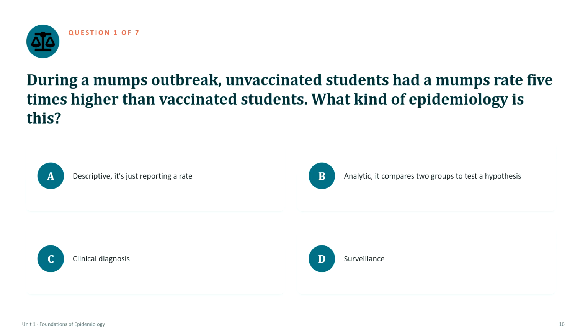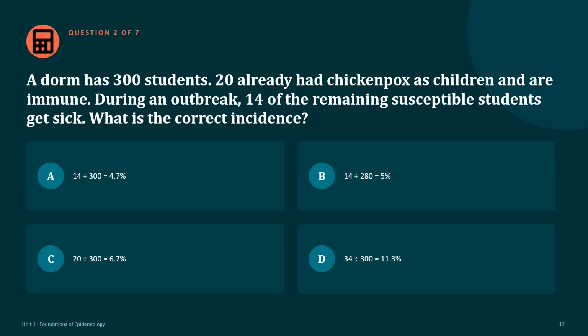Question 2. A dorm has 300 students. 20 already had chickenpox as children and are immune. During an outbreak, 14 of the remaining susceptible students got sick. What is the correct incidence? The correct answer is B, 5%. Incidence uses population at risk as its denominator, not the total population.